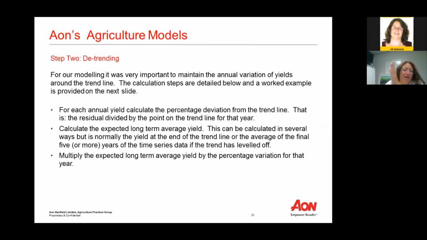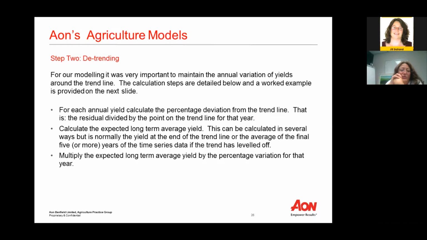So for every annual yield we have, we overlay our trend, whether that is a polynomial trend, moving average trend, whatever we're using. And then we say, what was the yield and how much is the deviation from our trend? Basically, we work out what the residual is.